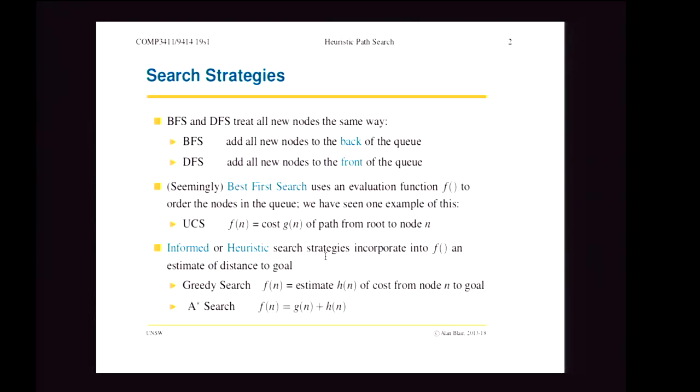So we're going to look at greedy search. With greedy search, you just pick the node that you think is closest to the goal and expand that one. And then we have A star search, which combines the path cost up to that node plus the estimate of the path from that node to the goal. So we'll look at these two.